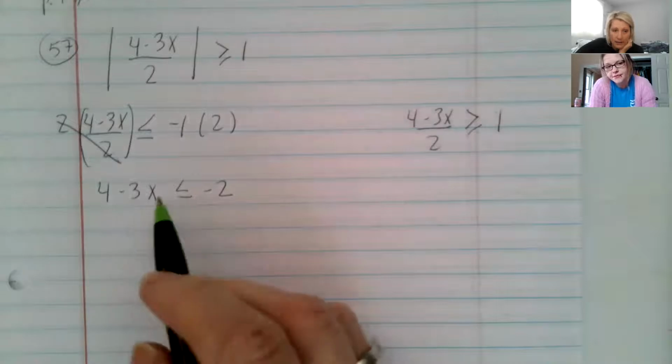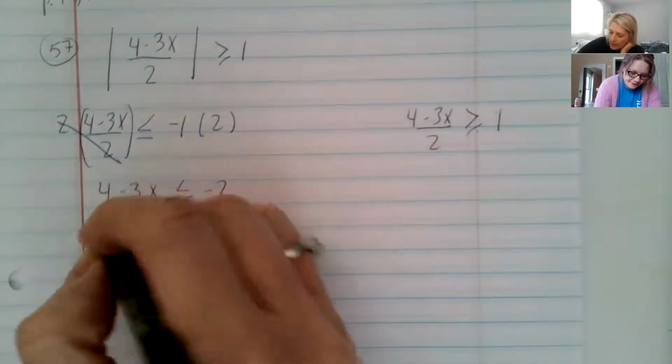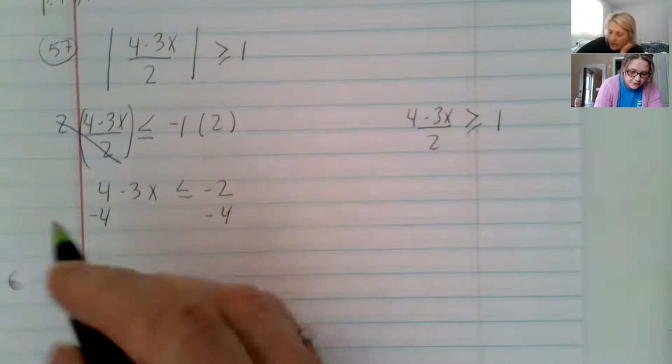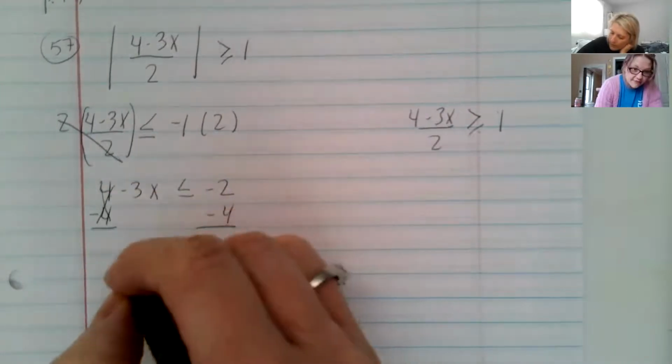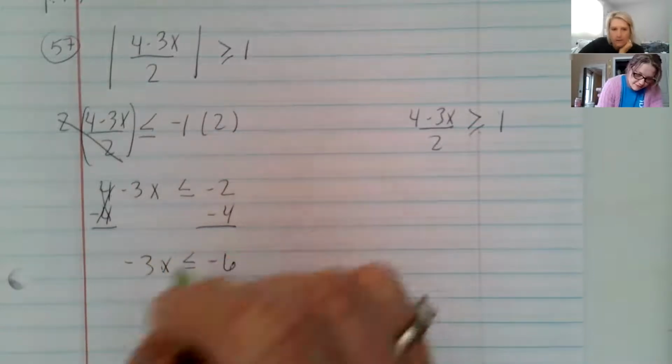Lucky for Mrs. Main, x is already on the left, so I'm cool with that. So I'm going to move my constants to the right. It was a positive 4, so I'm going to subtract 4 because I want those to add to 0. So we have negative 3x less than or equal to negative 6.